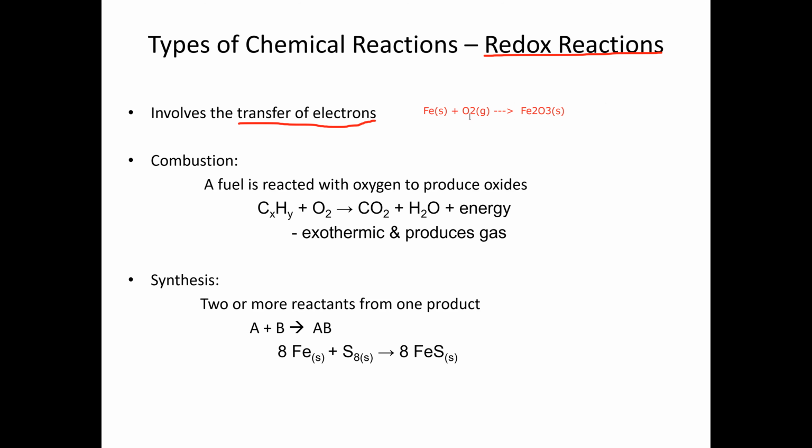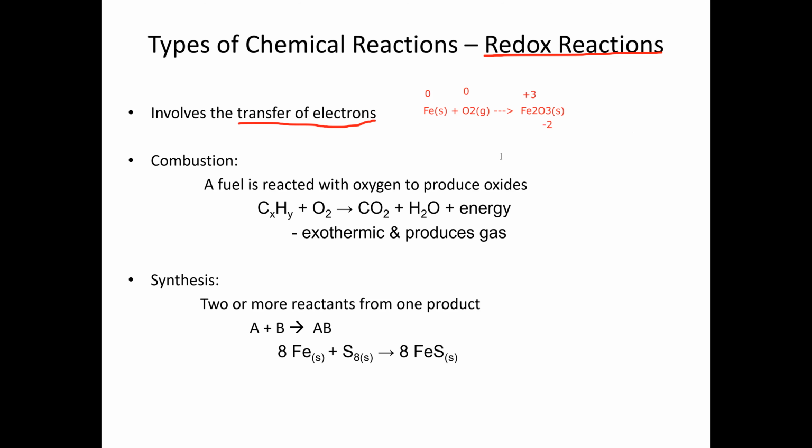For elements, the oxidation number is 0. And then for the elements in the compound, they would be non-zero. So this would be, for example, +3, and oxygen would be -2.